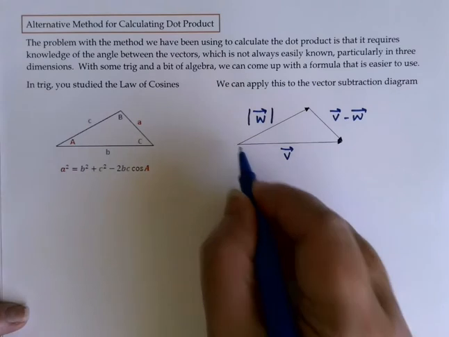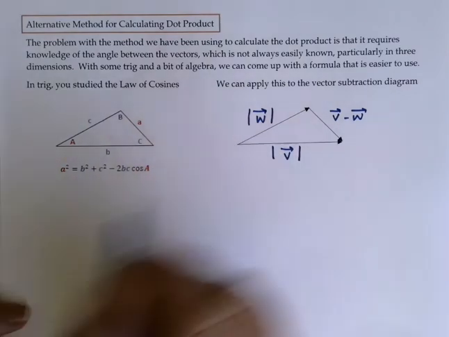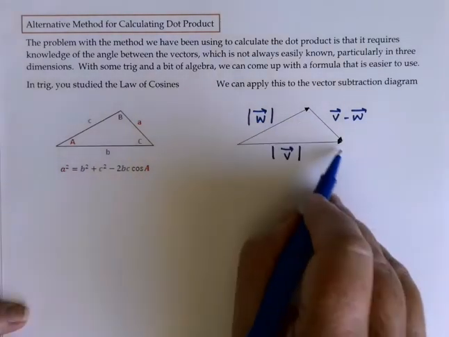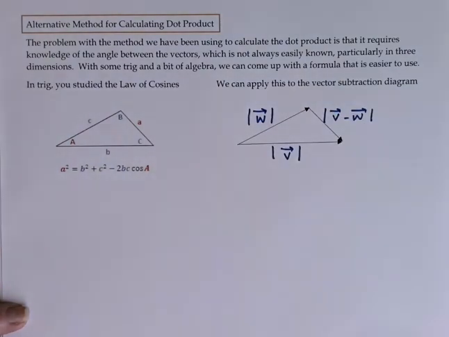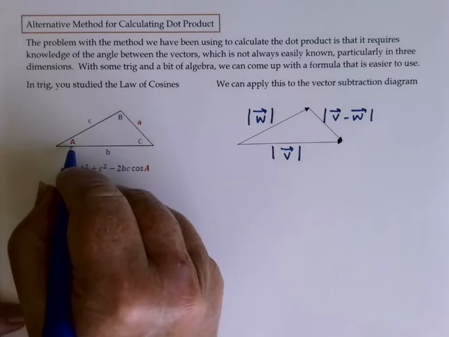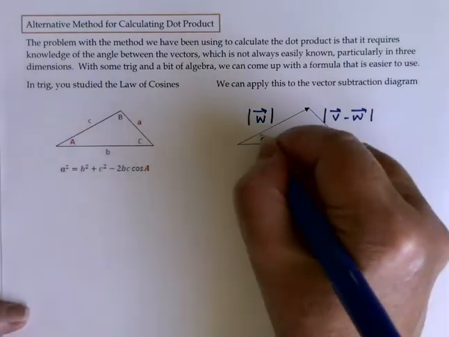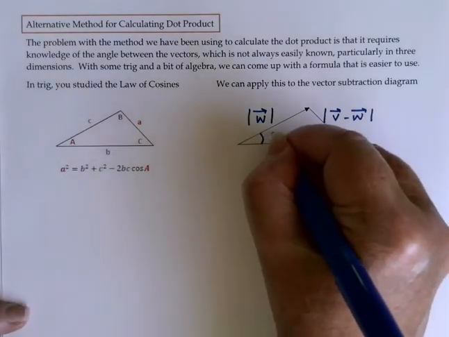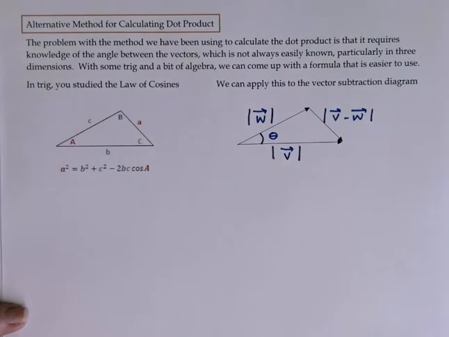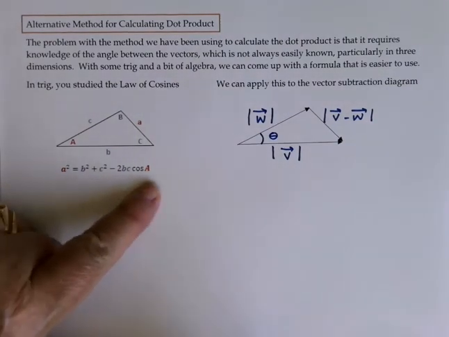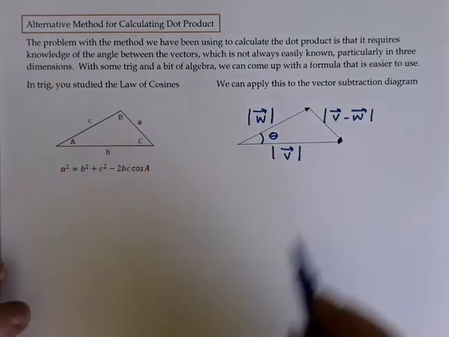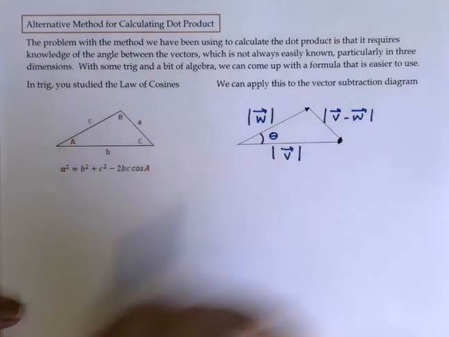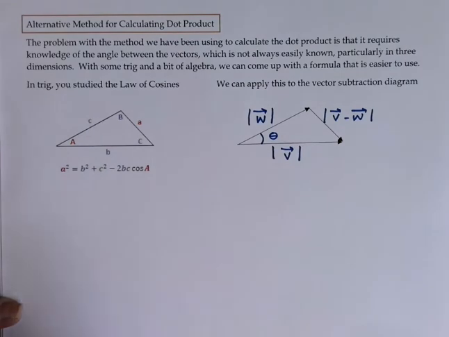The length of that side would actually be the magnitude of v. And then the length of this third side would be the magnitude of v minus w. The angle A, we're just going to call that theta here. And I'm simply going to rewrite this statement using the vector norms, or vector triangle that I've drawn over here.